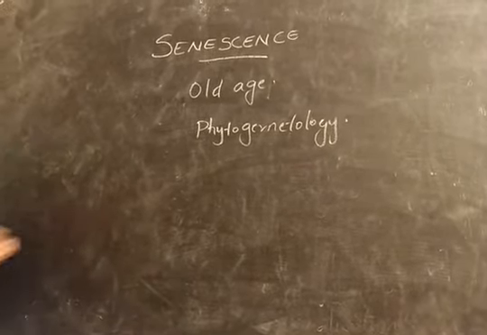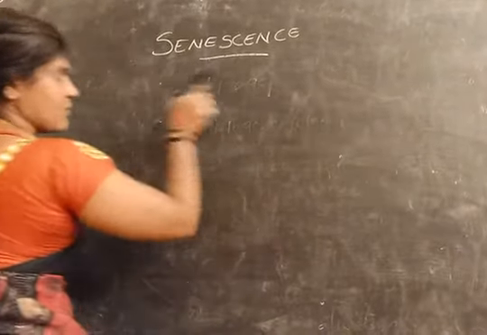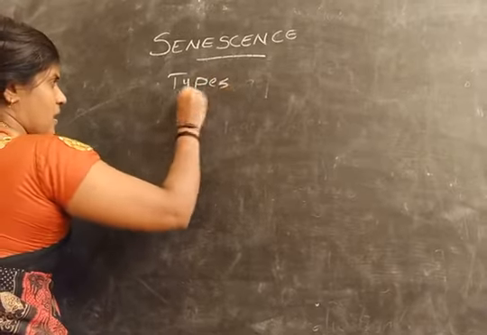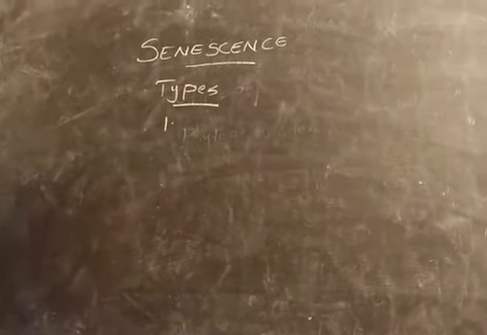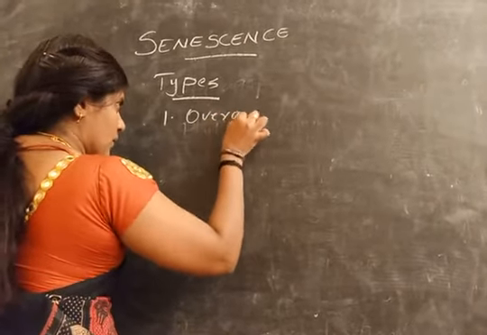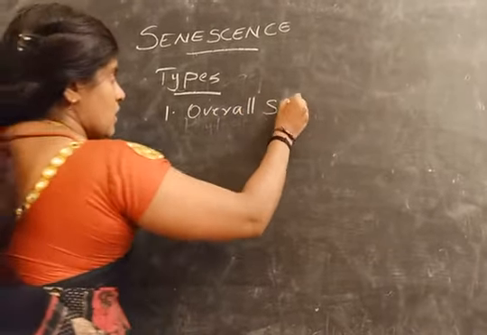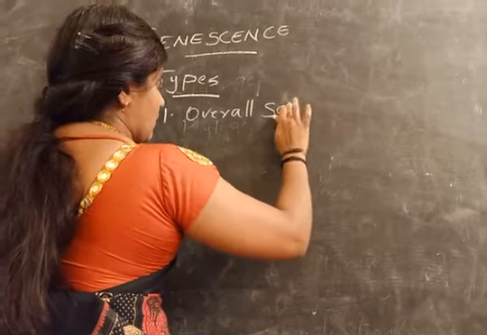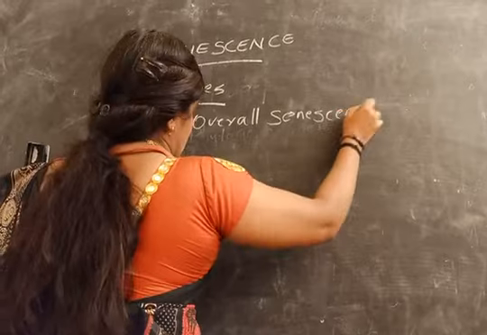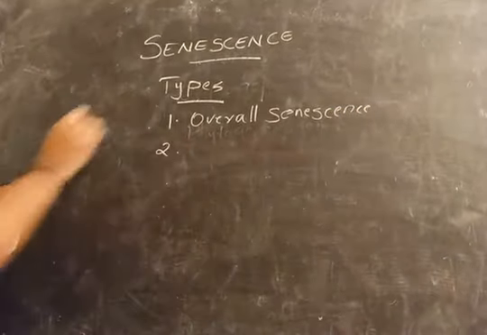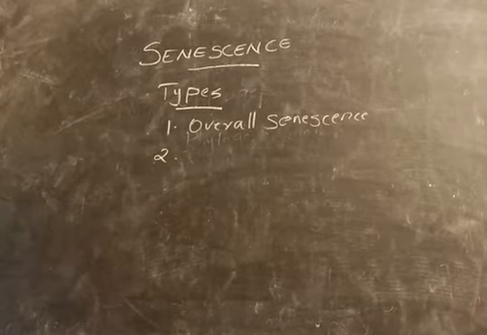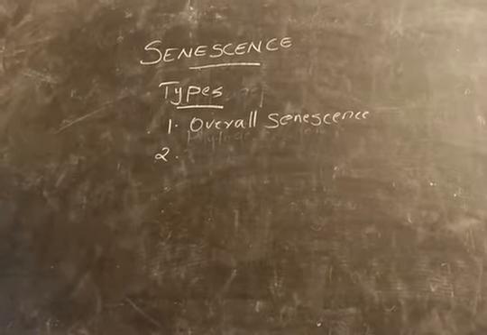Different types of senescence. First one, overall senescence, which means the entire plant is affected and dies.